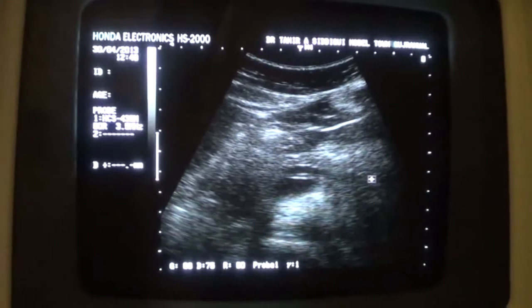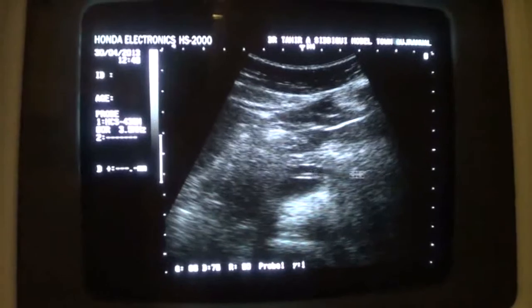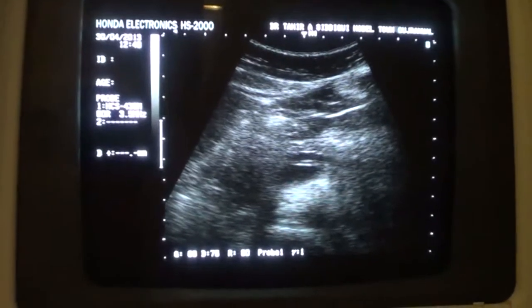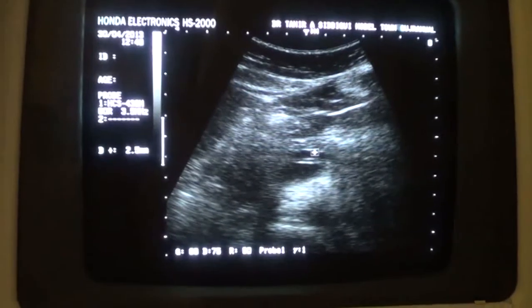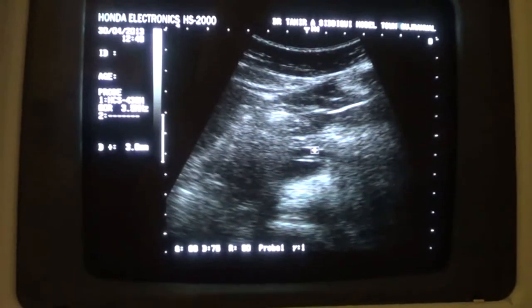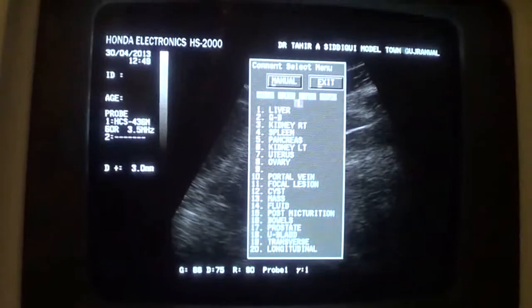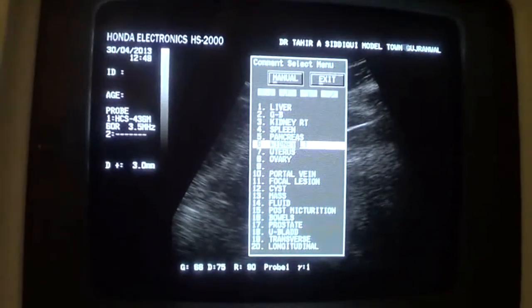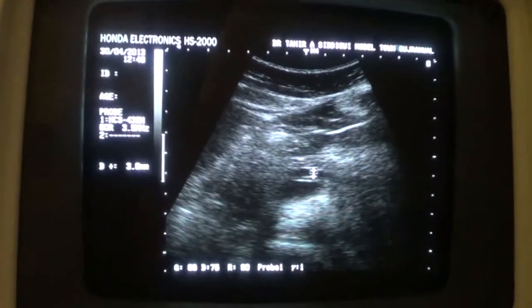Now what is this structure? This is the duct, pancreatic duct, that measures 2.53 millimeters and is mildly dilated. This is the body of the pancreas, this region.